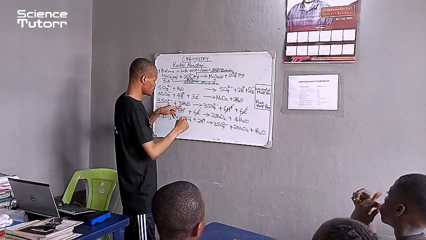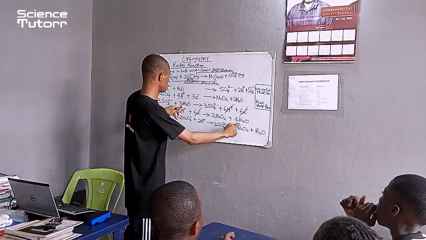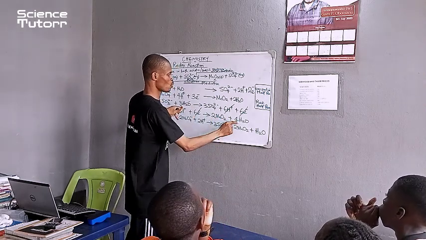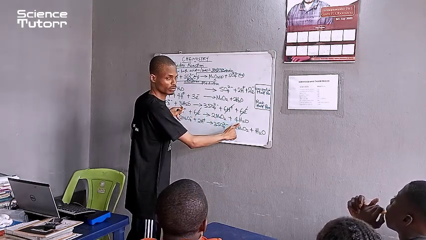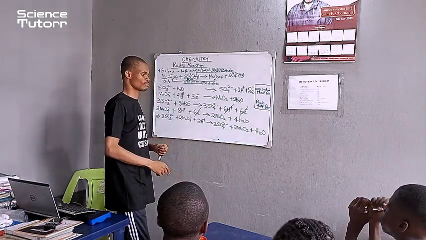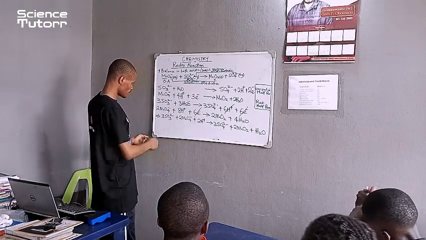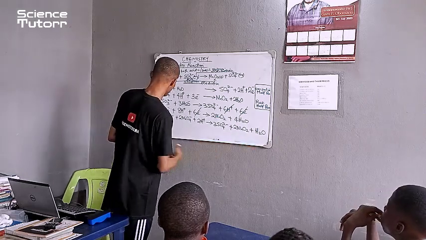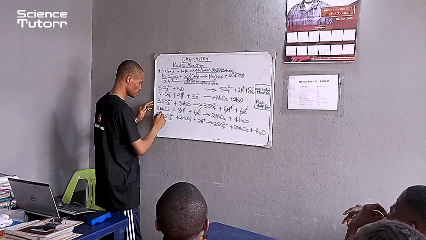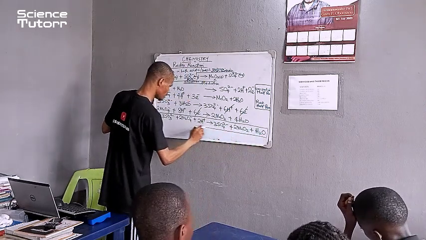I have 3 on this side. I have 4 on this side. So I cancel this because 1 will remain. So that's why I'm getting 1. Right? So at this point, I think nothing is common again. This is what we call balancing in acidic medium.